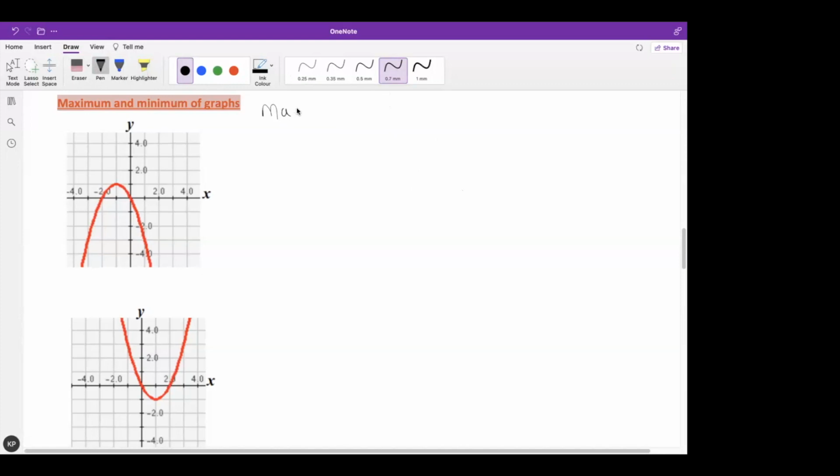So if I talk about a maximum of a graph, right? I'm talking about the highest point of a graph. So that would be the highest point, right? And if I'm talking about minimum, I'm talking about the lowest point of a graph.